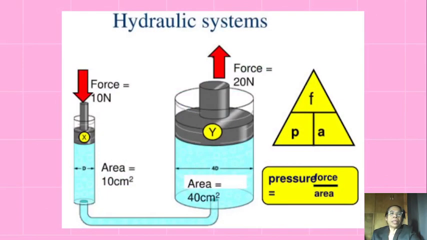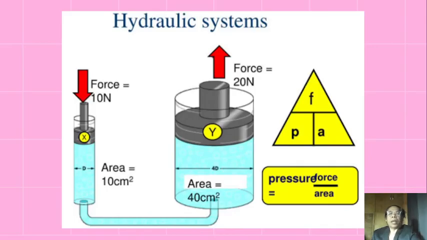So that's the illustration. You have a 10 Newton force applied to the first piston, and the area there is 10 centimeters squared, and then there is a connection between the smaller and the bigger, the X and the Y. So the area is 40 centimeters squared.